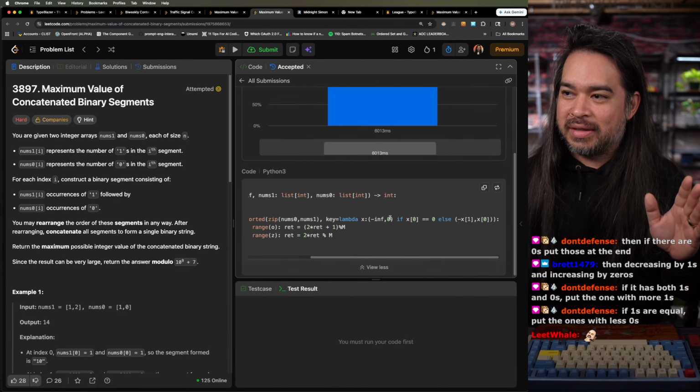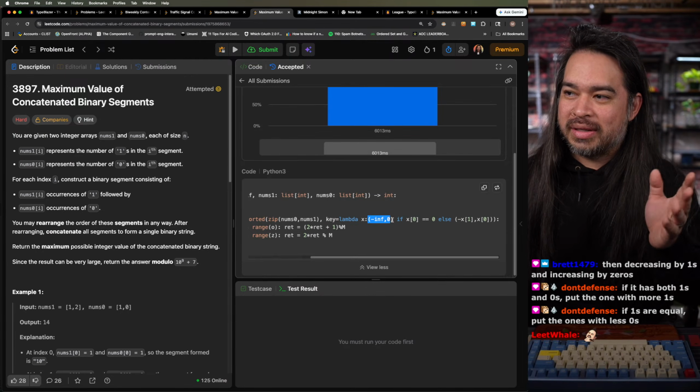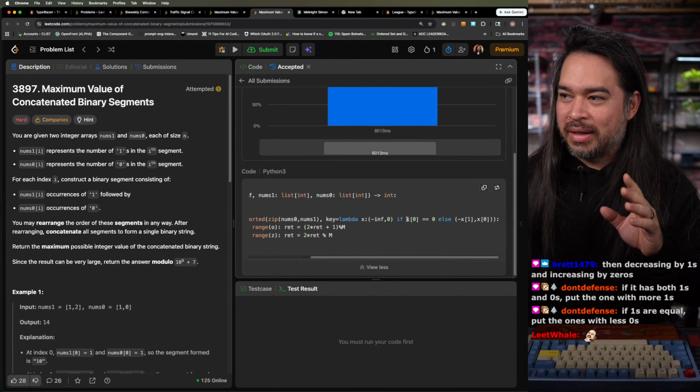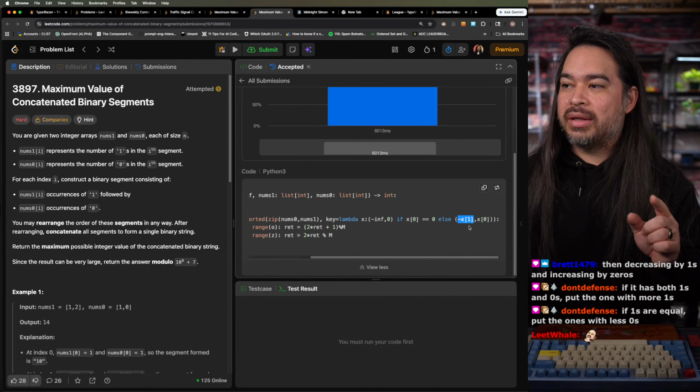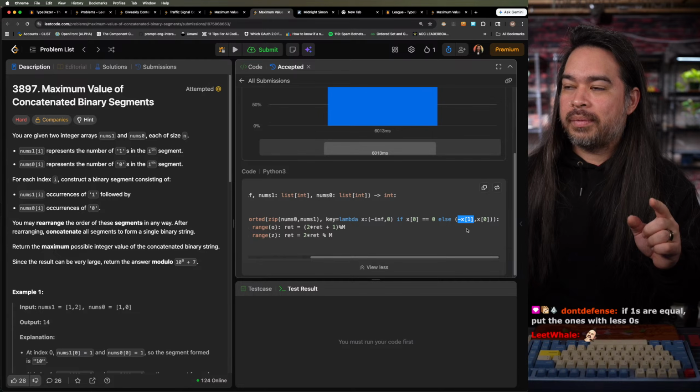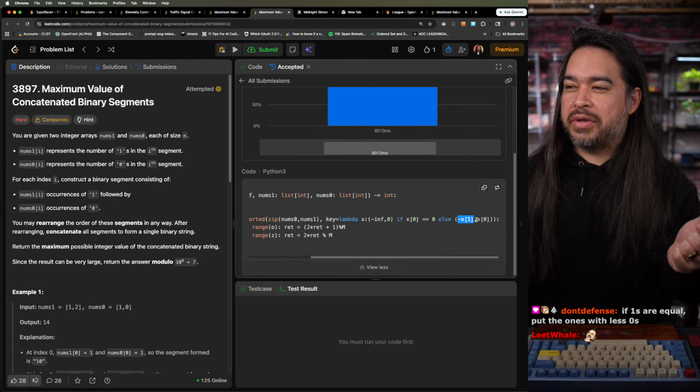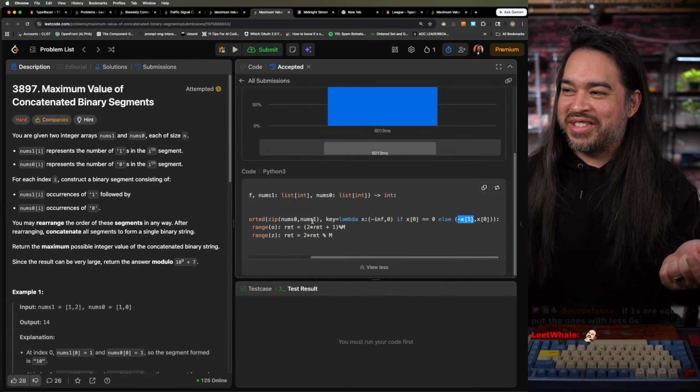Negative infinity is 0. Then x, it's like we reset what x is equal to. But if it's not 0, then we want the largest reverse sort on the number of ones.